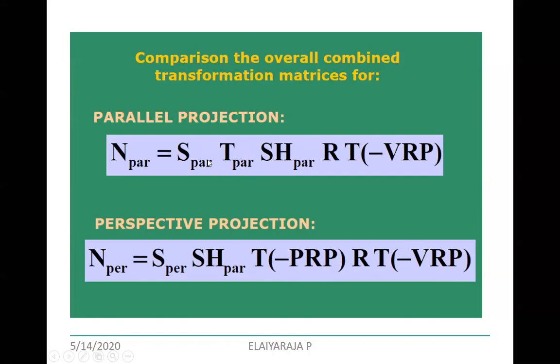When you consider parallel projection, the center of projection is at infinity. So in perspective projection, you consider the translation with respect to your projection reference point. Then you perform shear. In both projections, shear plays the normal role, only it is not required for orthogonal projection. Why? Because it is perpendicular to the viewing plane. So in orthogonal projection, you do not take the shear calculation. Then you perform the scaling.